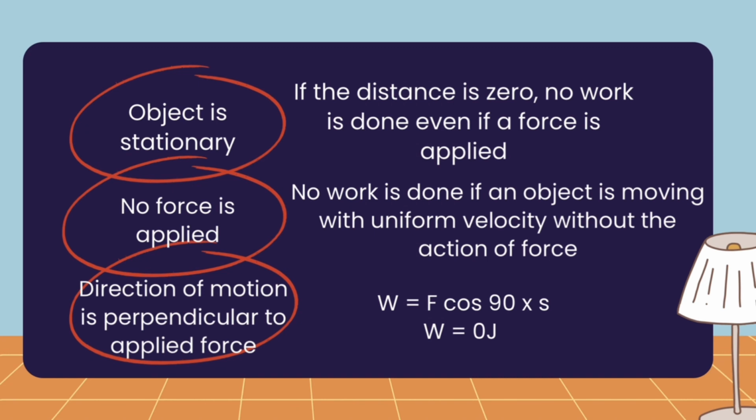The second, no work is done if an object is moving with uniform velocity without the action of force. For example, the satellite. And the last one is direction of motion is perpendicular to applied force, which can be calculated by W equal to F cos 90 multiplied by S, and you will get 0 joule. For example, if you are walking while carrying a bag.